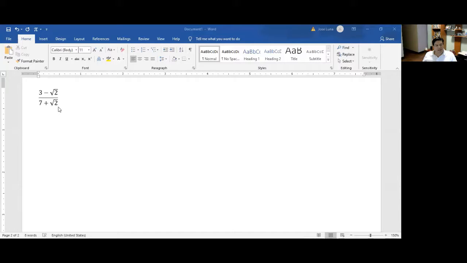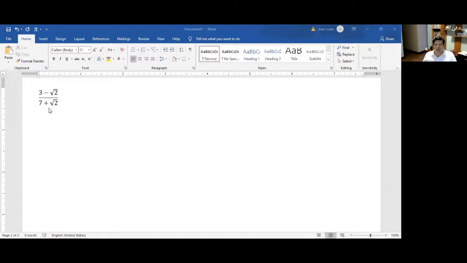The problem here is that there's this square root of 2 in the denominator. We cannot have square roots in the denominator. It's not considered simplified. So we're going to do this in the same manner as we did the previous problem. We are going to change the form, but not change the value.